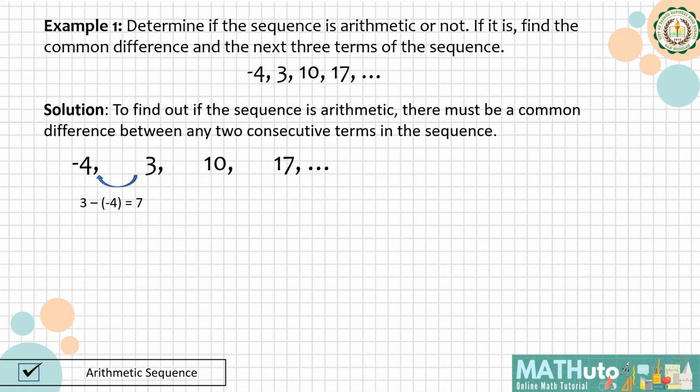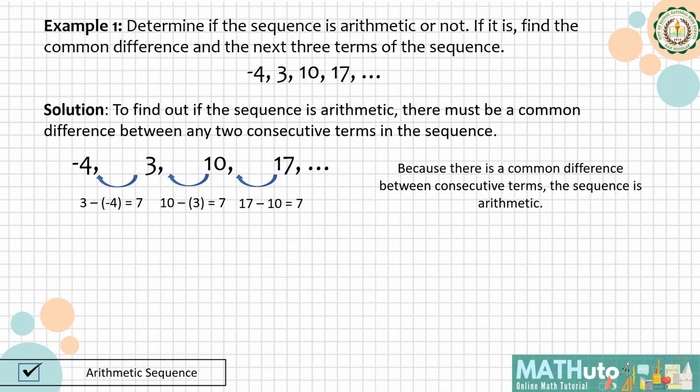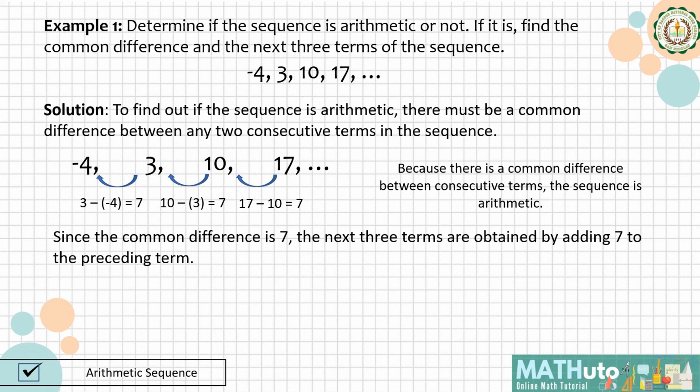3 minus -4 is equal to 7. 10 minus 3 is equal to 7. And 17 minus 10 is equal to 7. Because there is a common difference between consecutive terms, the sequence is arithmetic. Next, since the common difference is 7, the next three terms are obtained by adding 7 to the preceding term.